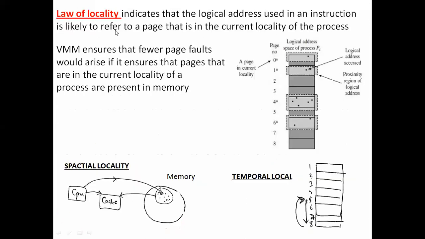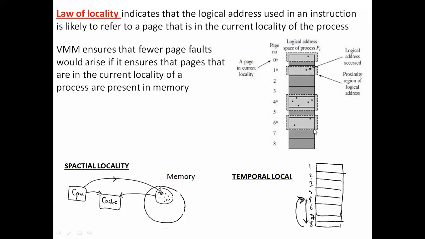The law of locality, or locality of reference, indicates that the logical addresses used in an instruction are likely to refer to a page that is in the current locality of the process. Suppose this is the logical address space of a process i.